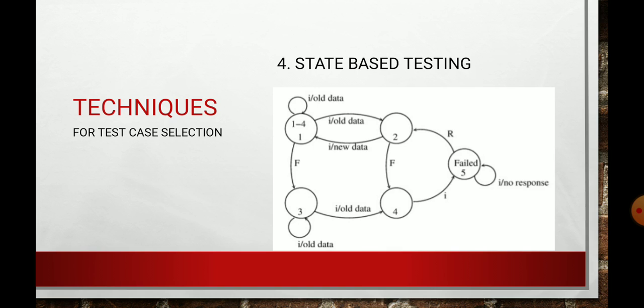First one is state, which represents the impact of the past inputs to the system. Second, transitions, which represent how the state of the system changes from one state to another in response to some events. Events are inputs to the system. Last, actions. The outputs for the events are nothing but the actions.